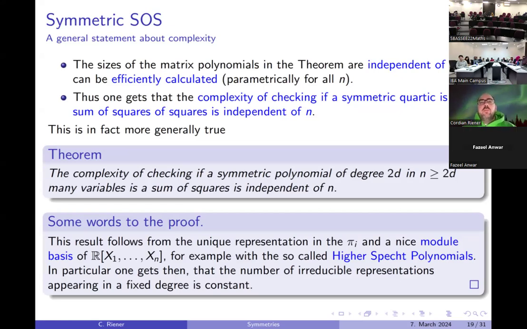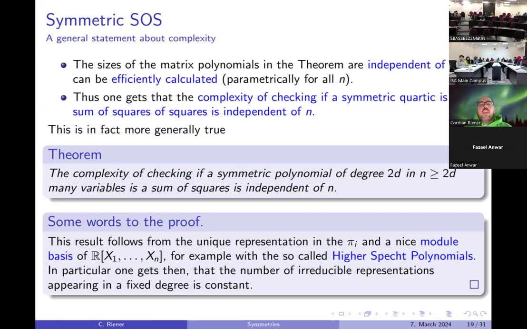Now this is a little bit for the experts. To check if a polynomial is a sum of squares, you have to build up matrices, so-called Gram matrices, and you have to solve a semidefinite feasibility problem. You show a polynomial is a sum of squares if you can find such a Gram matrix for my polynomial that is positive semidefinite.